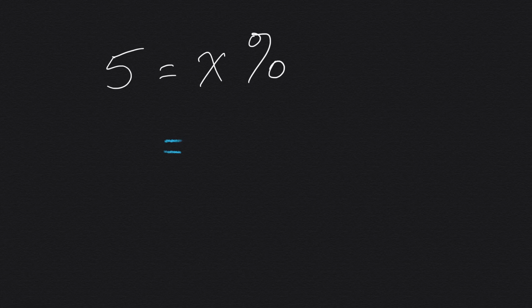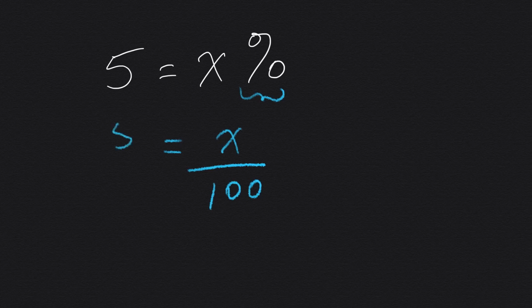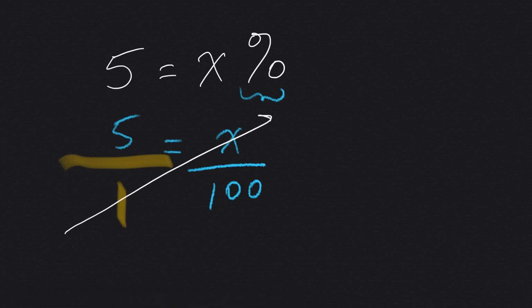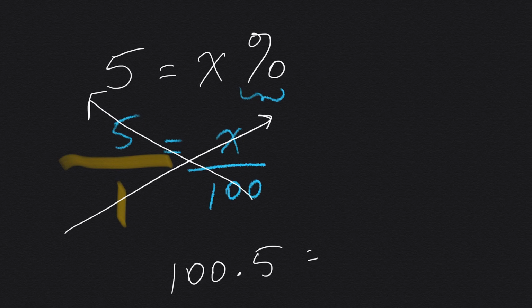We're going to rewrite this percent sign as per 100. We'll keep the 5 as is, except we're going to add a hidden 1. We now have 2 fractions facing each other with an equal sign between them. That's an invitation to cross multiply. Let's do so. And you get X equals 500.